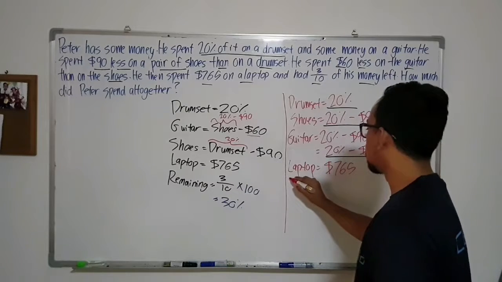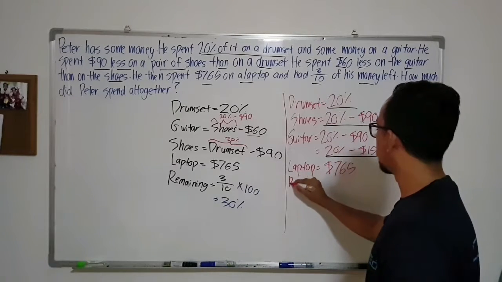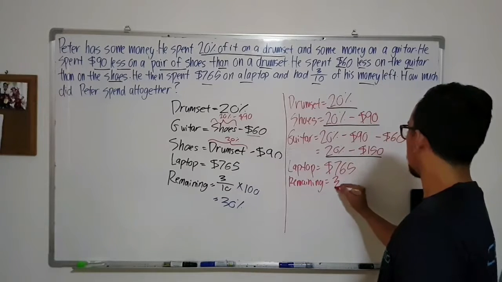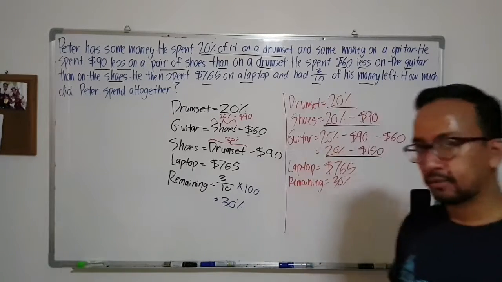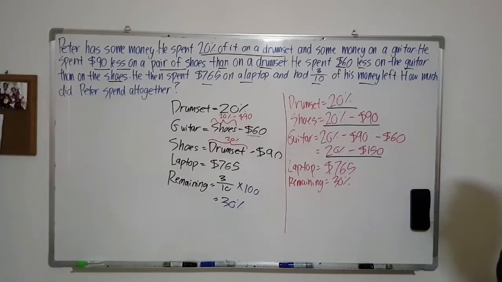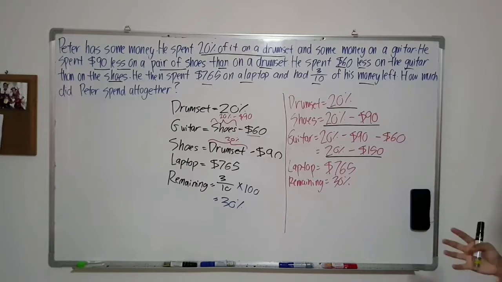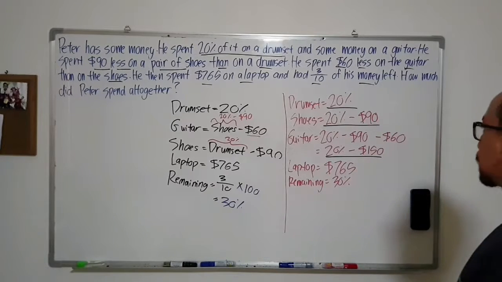And then remaining is 30%, right? Okay, so you can just write out here remaining. Alright, okay. Now you can write out all the values together already. Now all these things have been linked together, right? Because of the substitution method.